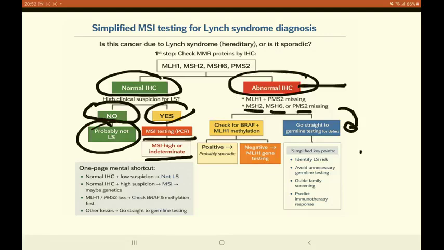Why is it important to follow this algorithm? Because this algorithm helps us detect Lynch syndrome. It helps us avoid unnecessary germline testing. It helps us determine which families require screening, and it also helps in predicting immunotherapy response.